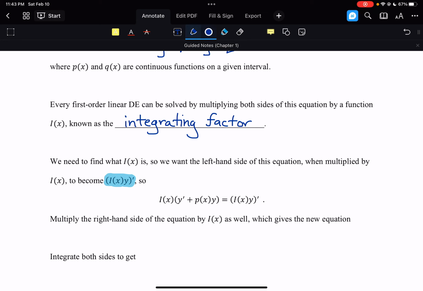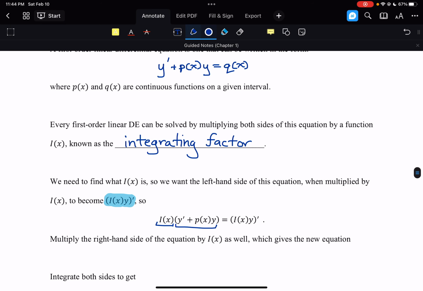So when we multiply the left-hand side of that differential equation by I of x, this is what we're looking for. We're trying to make it equal to that expression, I of x times y quantity prime. Now, if we multiply the right-hand side of that initial equation by I of x as well, that gives us this new equation.